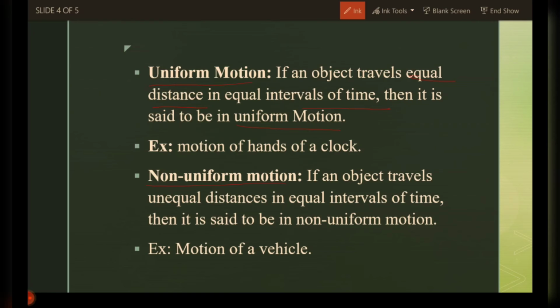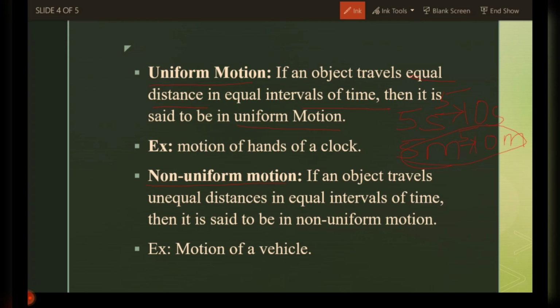For example, in 5 seconds, it covers 5 meters. For every 5 seconds, it covers 5 meters. Then in 10 seconds, it will be covering 10 meters. Here the difference will be 5. Here the difference will be 5. And it is constant for every time interval. The distance will be equal for every time interval. Such motion is called uniform motion.